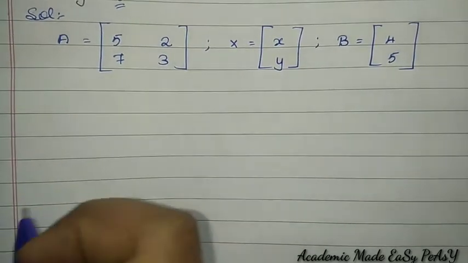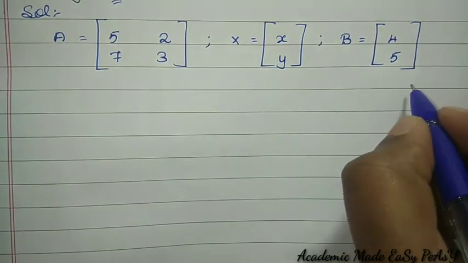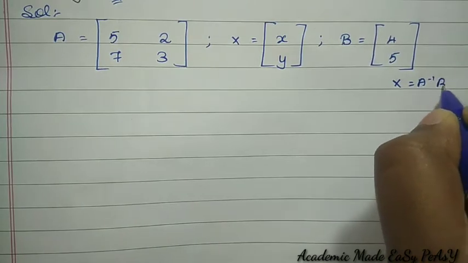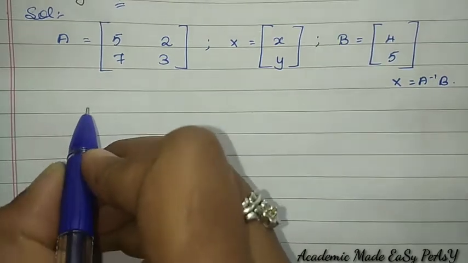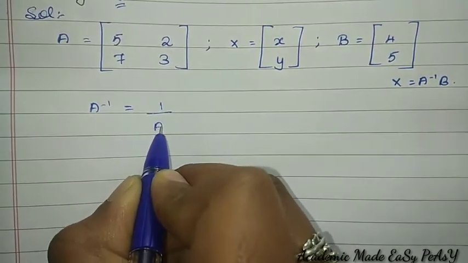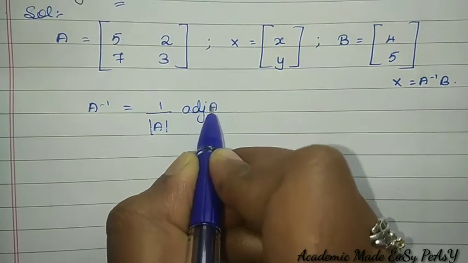Now I will just find the A inverse. What is the formula that we will be using? X is equal to A inverse B, isn't it? In order to find that, I will be finding my A inverse. So my A inverse is equal to 1 by determinant of A into adjoint of A, isn't it?